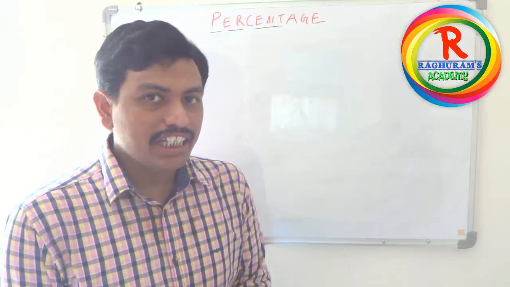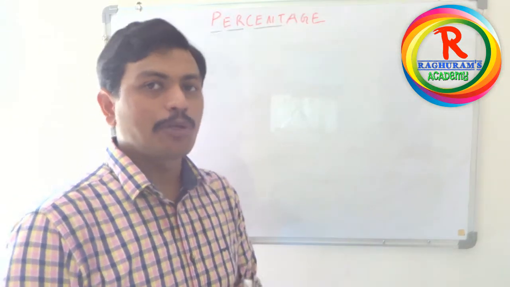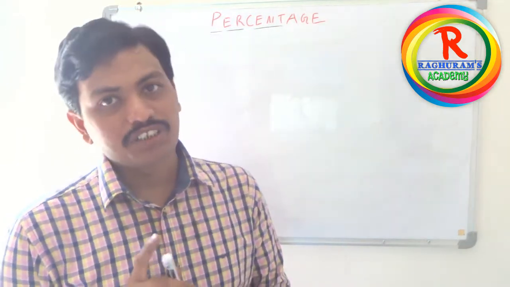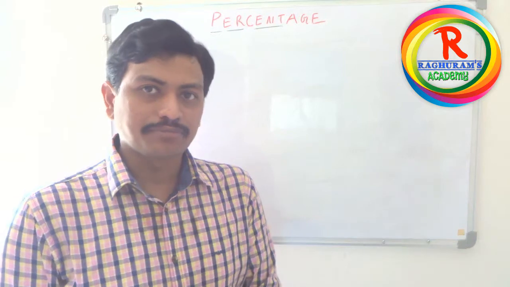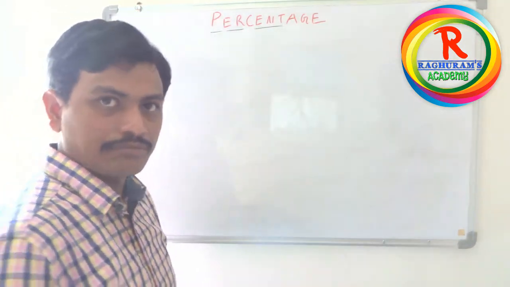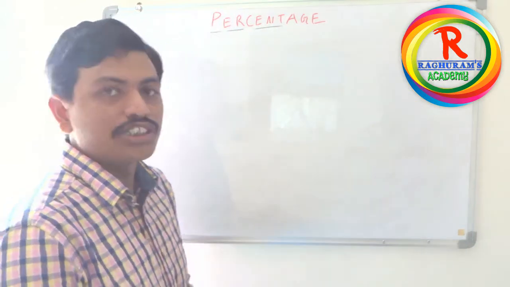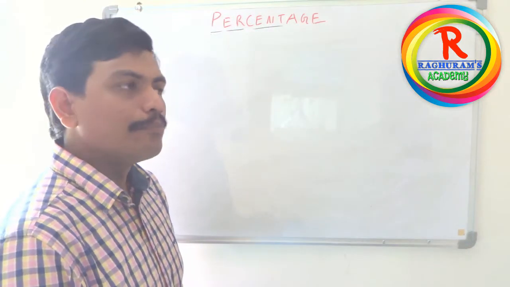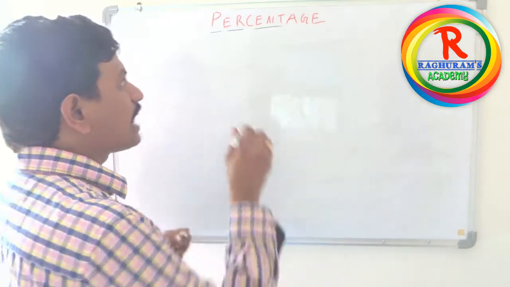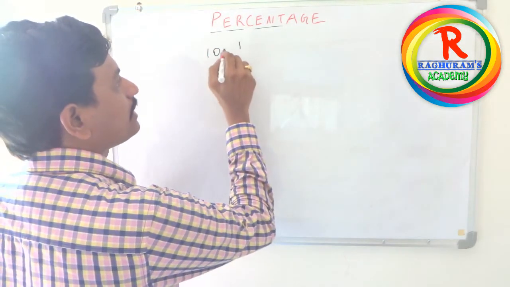Let us take a different problem, the last type of problems. Percentage problems are somewhat confusing. I'll ask you a general question. Suppose there is a person in a job who is not doing his job because he is not sincere. The employer reduced his salary by 10%.